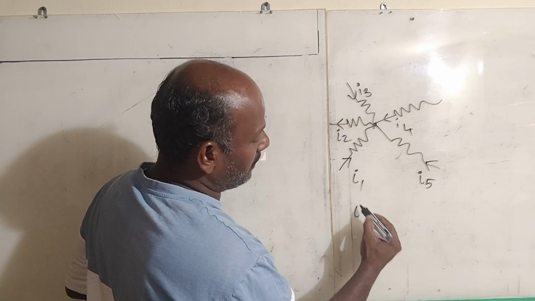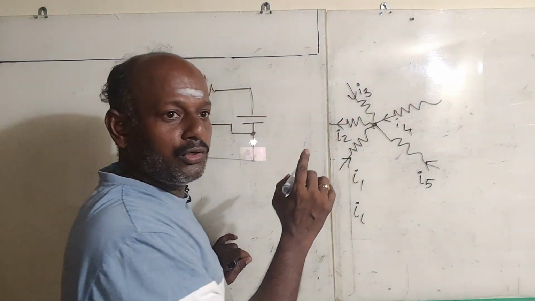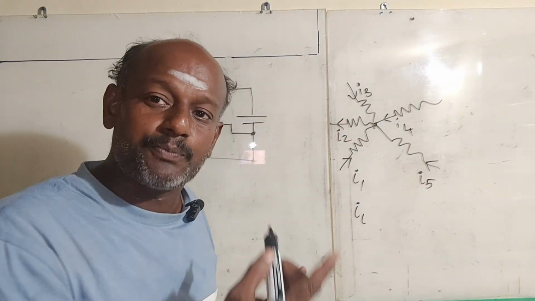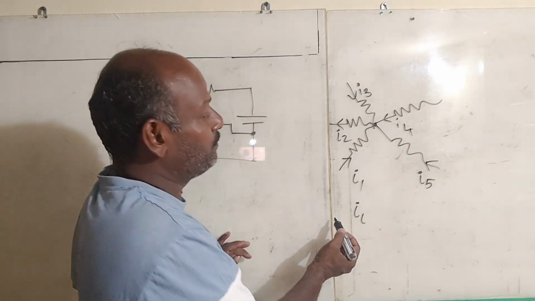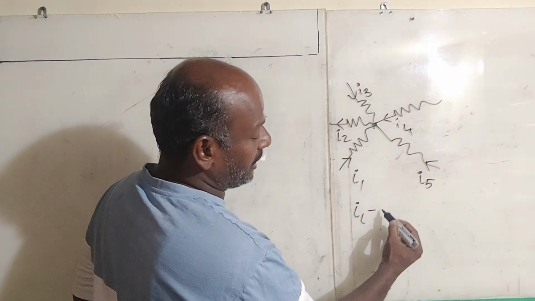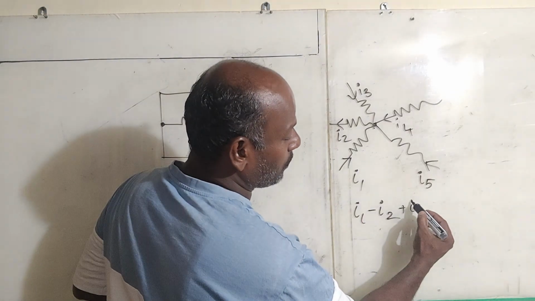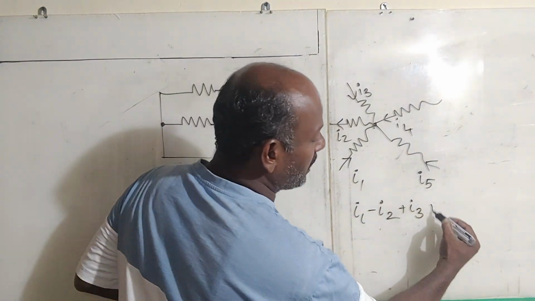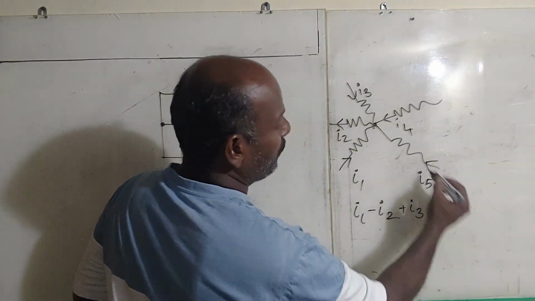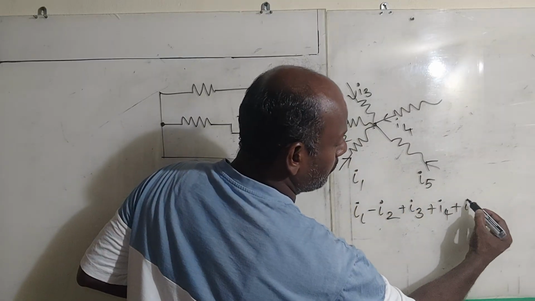As I told you, the current moving towards the junction is positive, so I1 is positive. I2 is moving away, so it is negative, minus I2. I3 is moving in, so positive. I4 is moving in, so positive. I5 is also moving in, so positive.